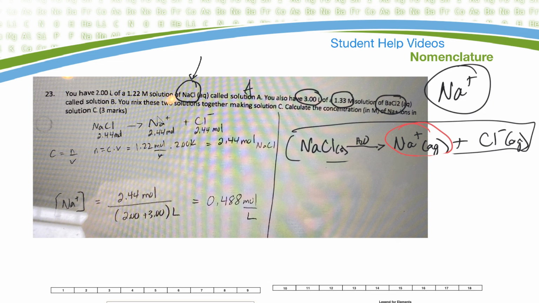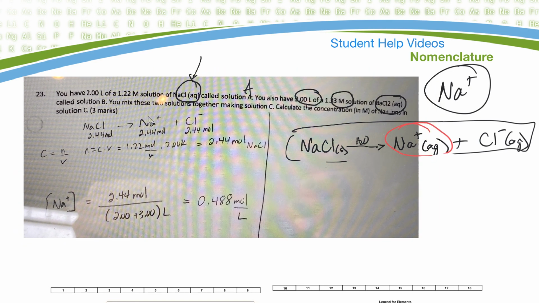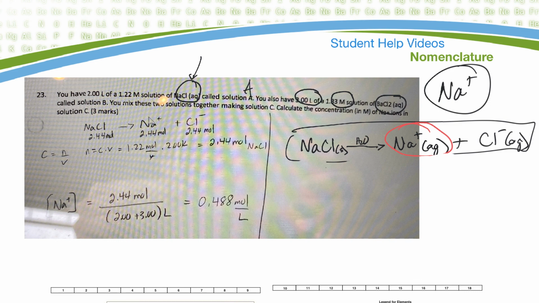First off, let's figure out how many moles of sodium chloride I have. I guess there's a couple of different ways you could do this. If the concentration is 1.22 molar, then the concentration of sodium ions will also be 1.22 molar. But when you mix them, you're getting extra volume in there.